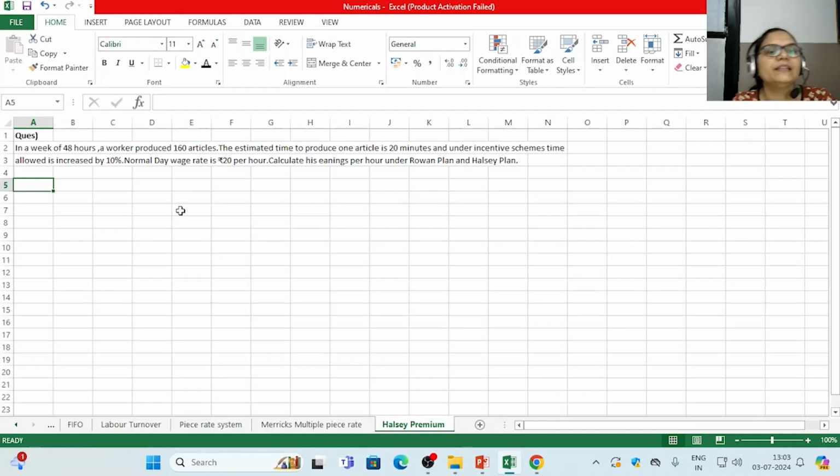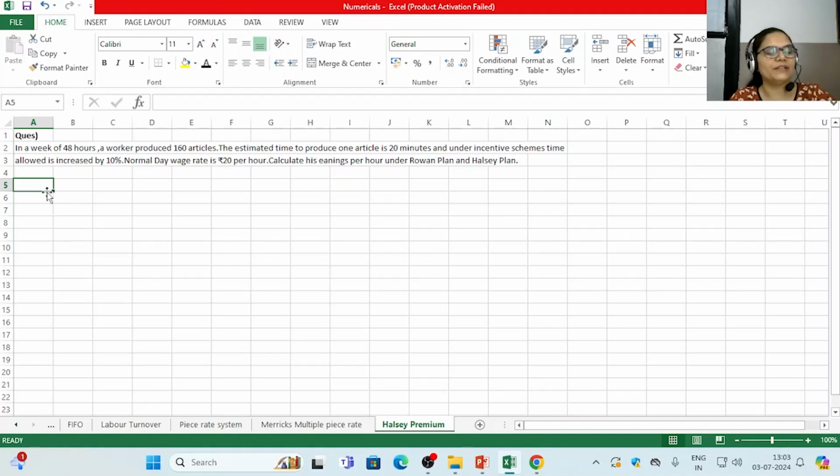The question says, in a week of 48 hours, a worker produced 160 articles. The estimated time to produce one article is 20 minutes, and under incentive schemes, time allowed is increased by 10%. Normal day rate wage is rupees 20 per hour. Calculate his earnings per hour under Rowan plan and Halsey plan.